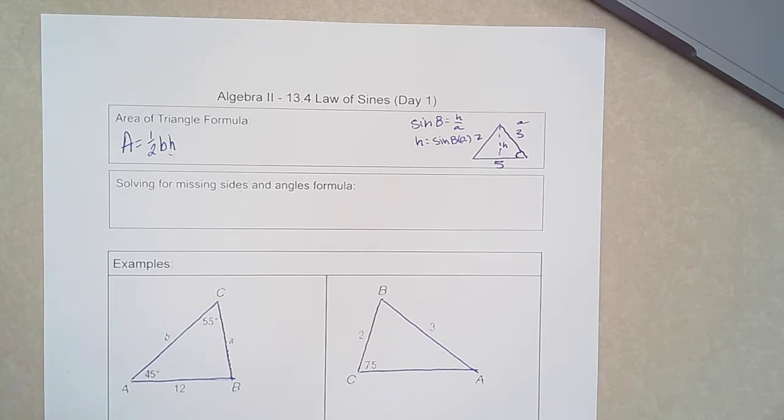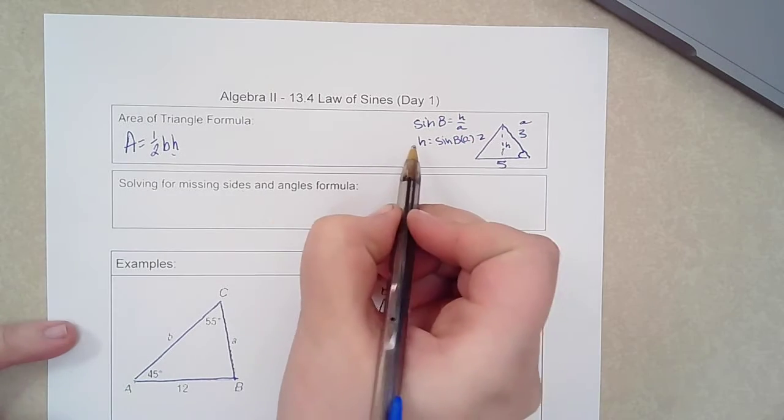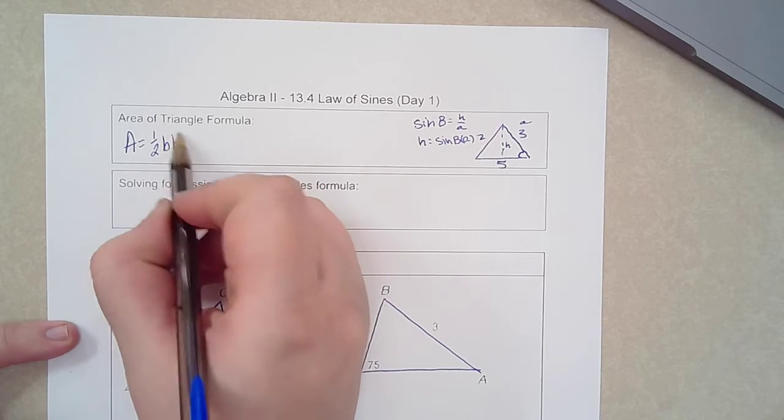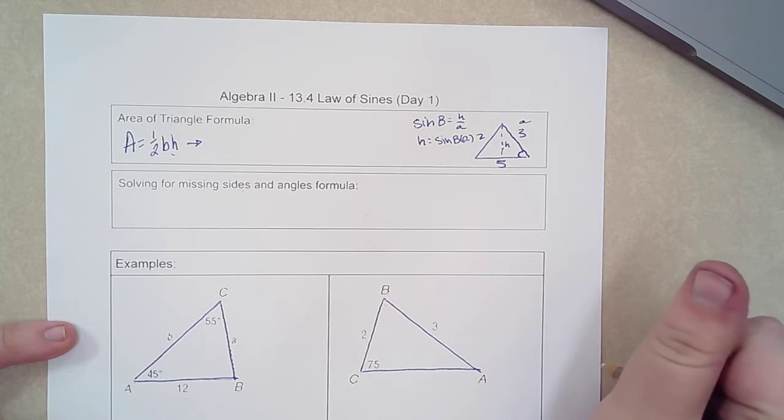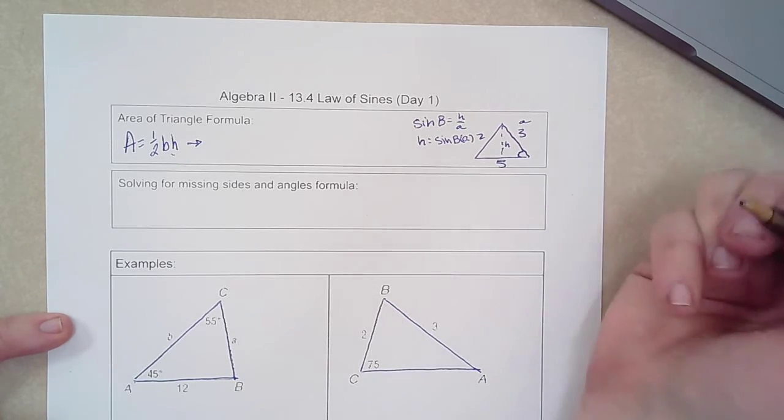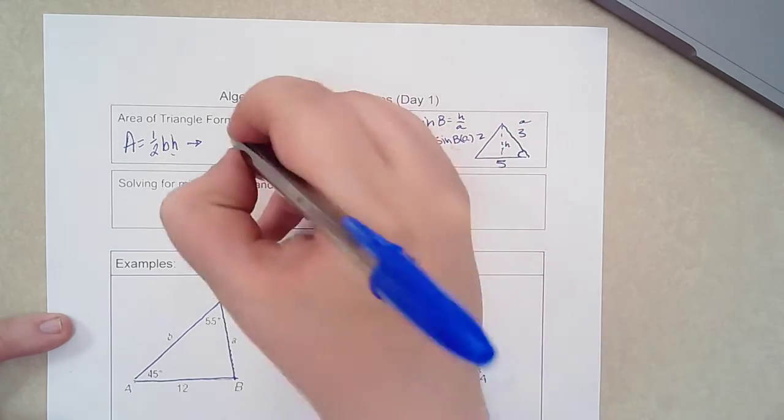Now I can solve this so that I know what h is, and I know it's sine of B times a. Now if I take that back over to what I was just saying, one of the cool things I can do here is replace h with the piece of information I found.